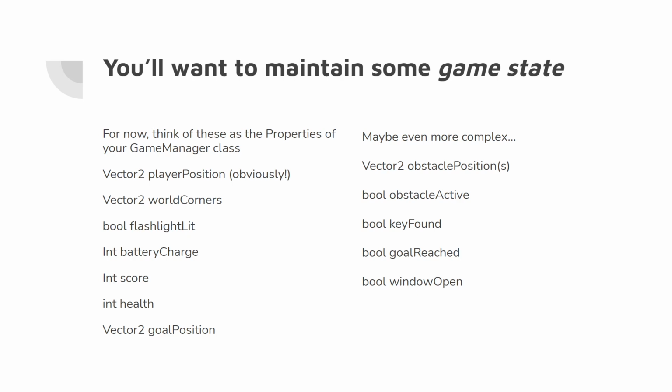Maybe even more complicated things. Was goal 1 found? Was the key found? Was the window opened? Right? So as you encounter things, you say, okay, they've bumped into this, you tell them that. They say, all right, you found the key. All right, now we have to keep track of that. So we have to have a variable in our class that says key found or obstacle active.